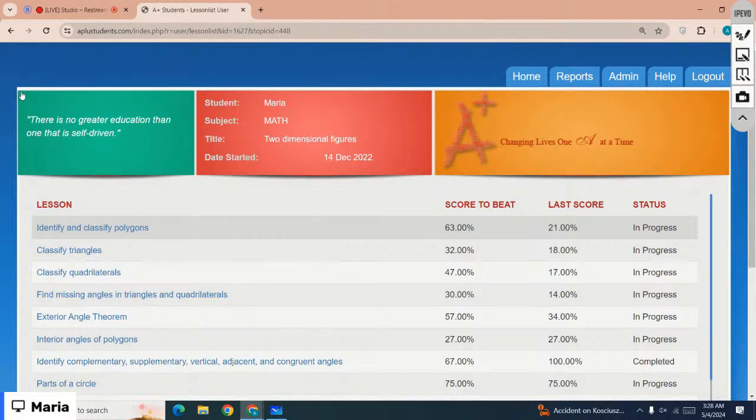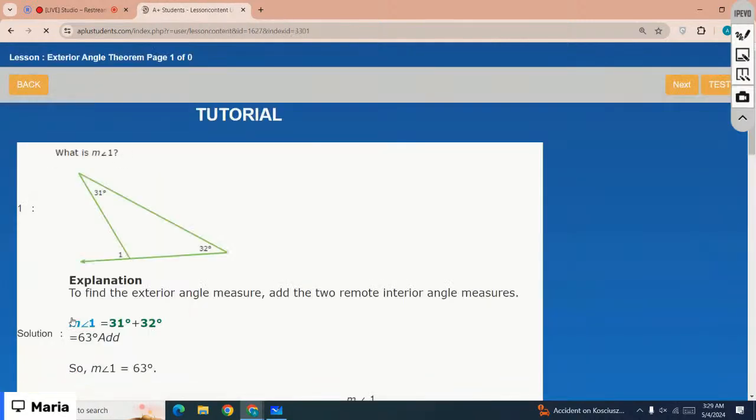The next lesson is exterior angle theorem. Let's just start with the next lesson.